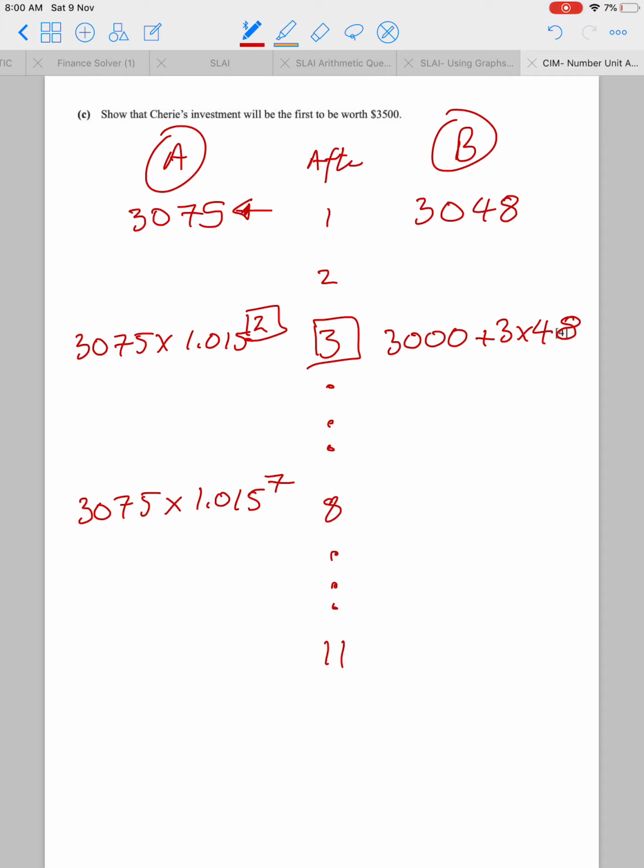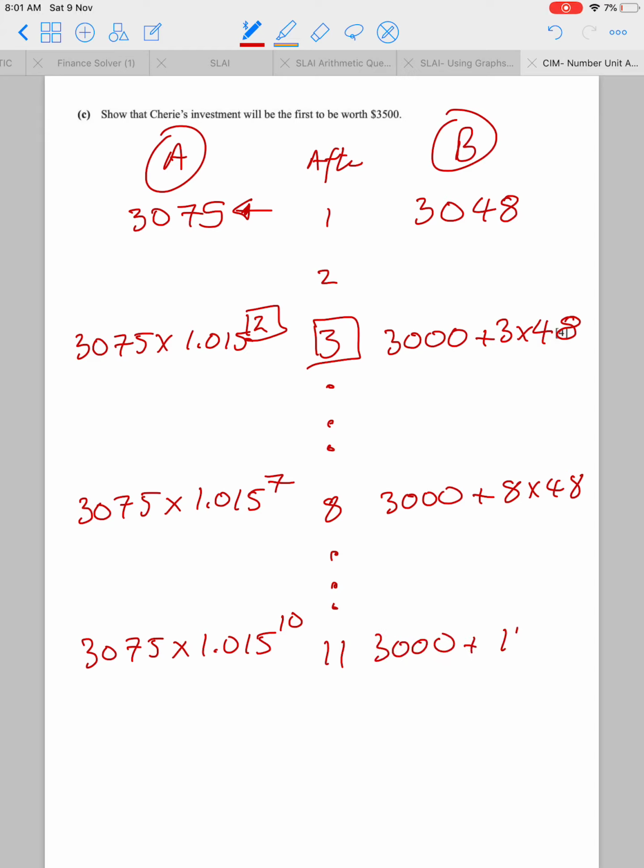After 11 years, this is 3075 times 1.015 to the 10. Okay, over on the other side, this is 3,000 plus 8 times 48, 3,000 plus 11 times 48.